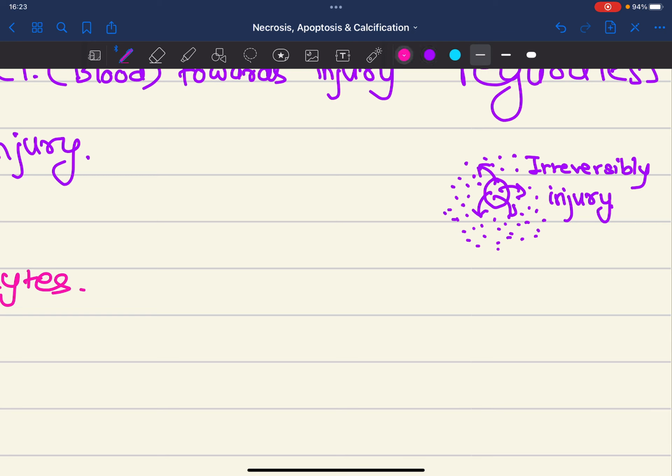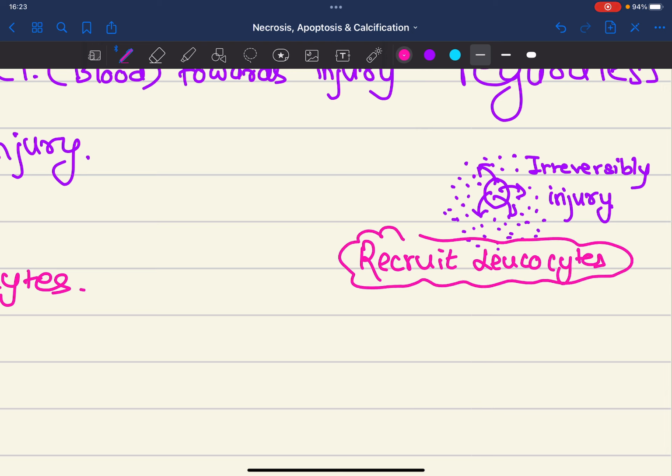So we need to recruit leukocytes. Now where are the leukocytes? They are not always present in the tissue, they are in blood vessels, they are in blood. So now blood needs to bring leukocytes to that injured tissue. This process is collectively known as inflammation.